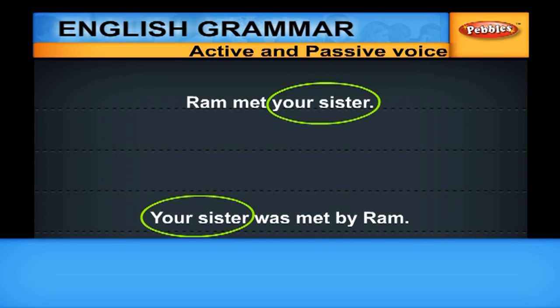The second change that you have to make is to introduce the passive verb. In the passive sentence, we are going to use only the past participle form of the verb, that is, VEN form, as the main verb. You know that when we use VEN, we have to give a corresponding helping verb.